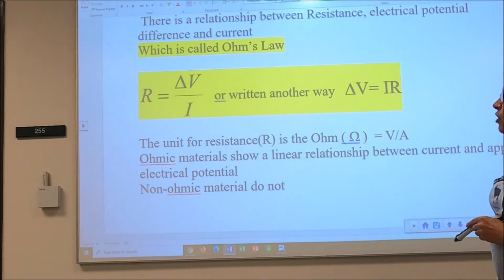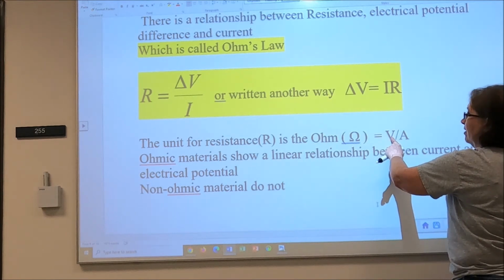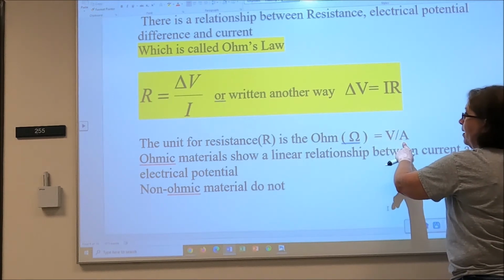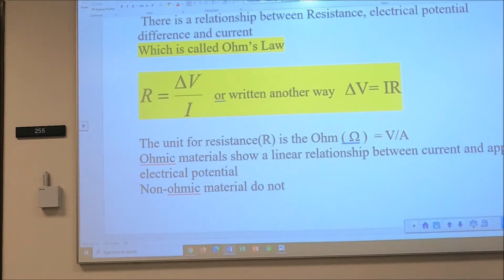The unit for resistance is the ohm. An ohm is voltage divided by current, so volts over amps equals an ohm. Ohmic materials show a linear relationship between current and applied electrical potential. Non-ohmic materials do not. Diodes are non-ohmic materials.